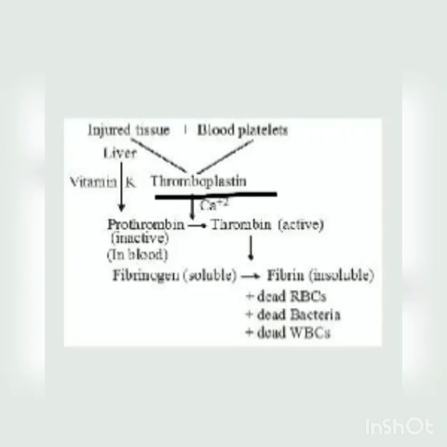The thromboplastin and prothrombin with the calcium convert the prothrombin into thrombin, where prothrombin is the inactive form and thrombin is the active form. This thrombin activates fibrinogen or converts fibrinogen into fibrin, and this fibrin forms a mesh-like structure in which red blood cells get trapped and a clot is formed.